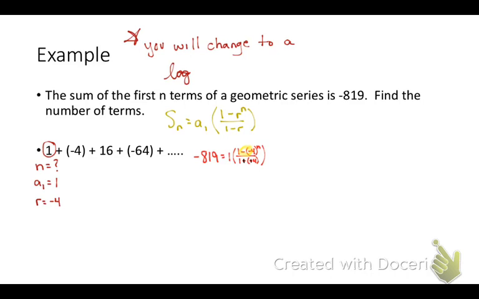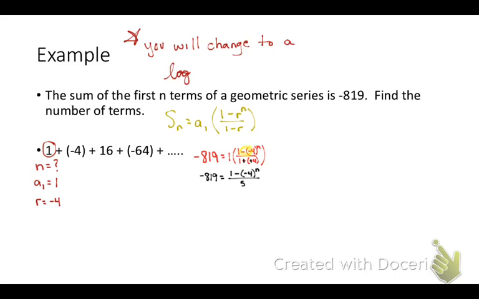That's okay. And we can make this negative 819 equals, I'm just going to drop the 1 off that's in front because it really has no bearing on anything. So 1 minus -4 to the nth power all over 5.